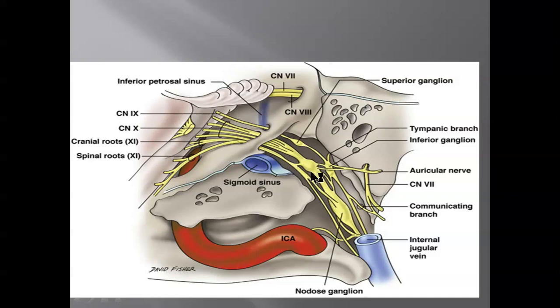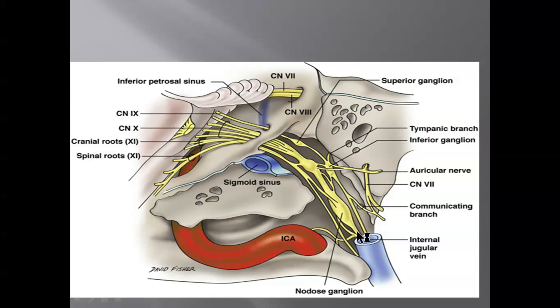Now here is the jugular ganglion of the vagus nerve, or the superior ganglion of the vagus nerve, and here we have the inferior ganglion of the vagus nerve, also known as the nodose ganglion. So here the spinal accessory nerve gives two branches. One is your external branch going to your sternocleidomastoid muscle and the trapezius muscle, and over here we can see this one is your internal branch going to the ganglion nodosum of the vagus nerve.